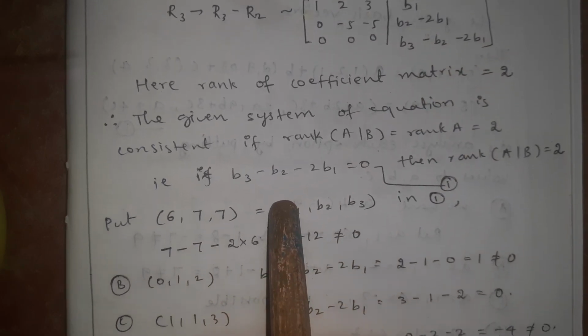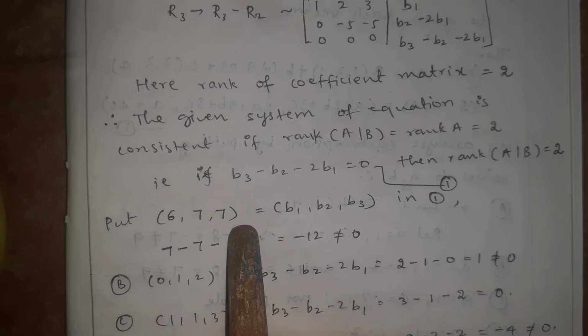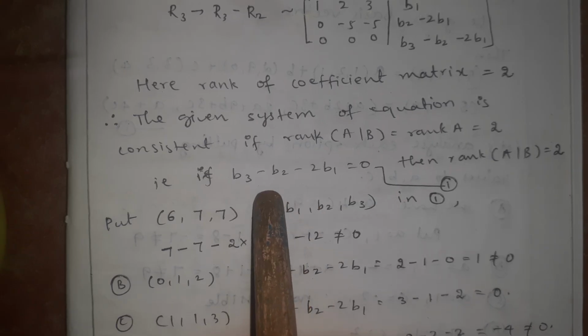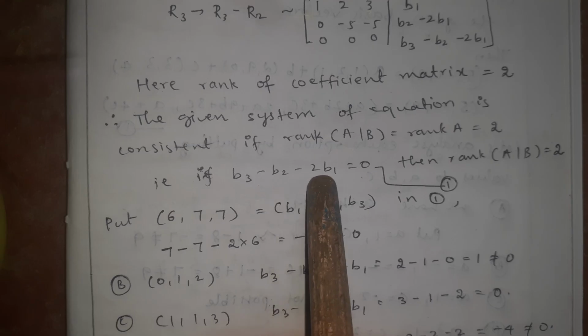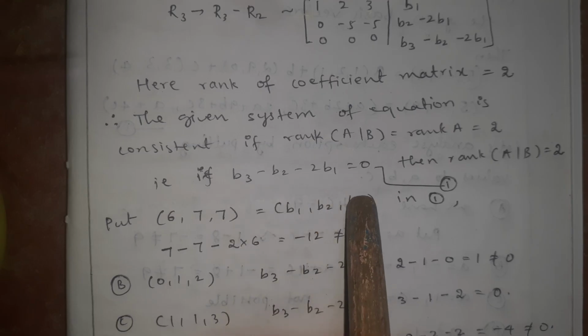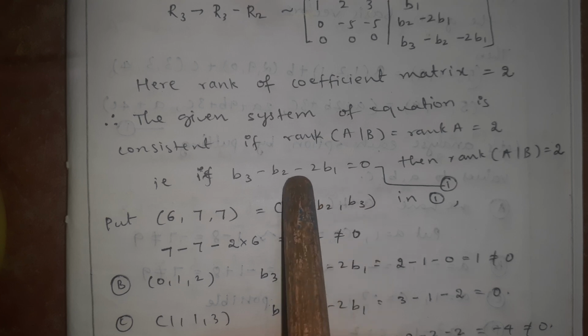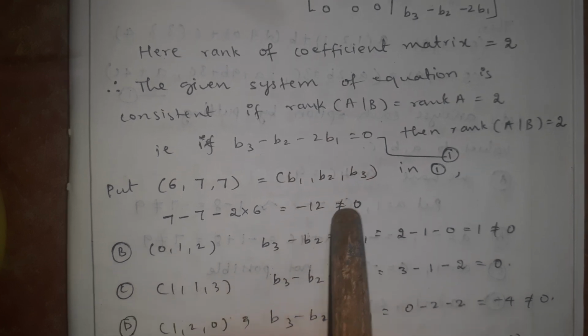So what are the suitable values for B3, B2, B1? Let us see. By putting the values of B1, B2, B3 from each option, you have to get 0. Then that is the suitable value of B1, B2, B3, to get the rank of the augmented matrix as 2.